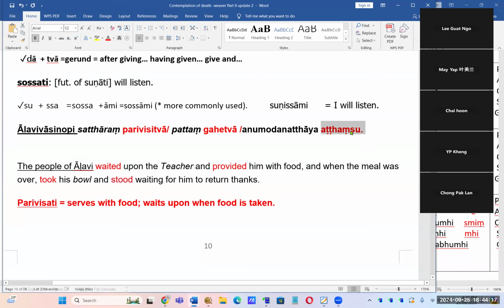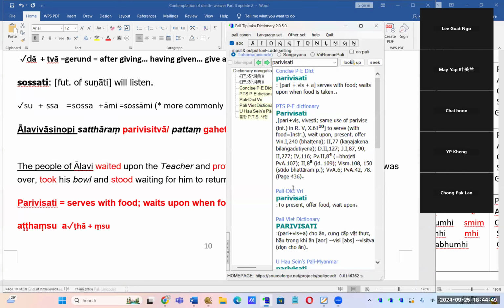Now how do you know? First you see the su. Su is aorist third person plural, right? So we see the su is a person from the word, right? So a plus the ta and then plus the su. This one actually comes from the tik, all right? Same way with the word tik.